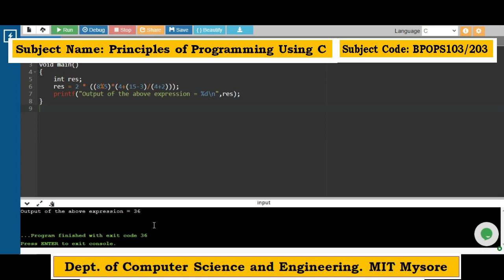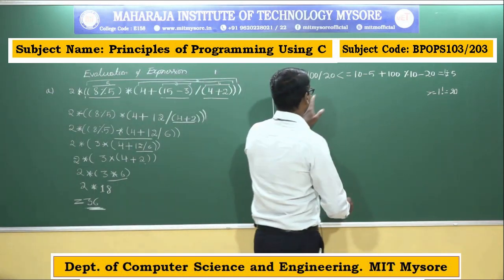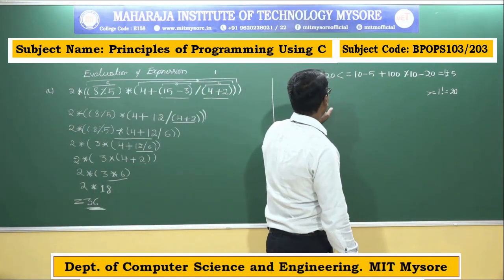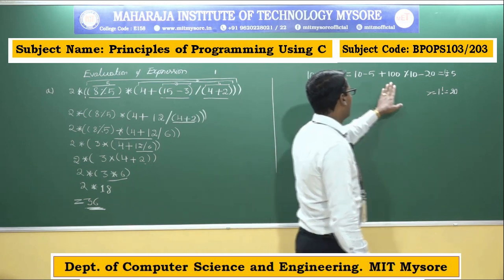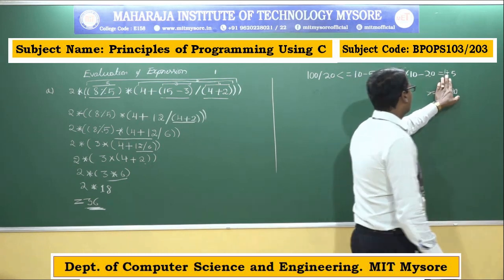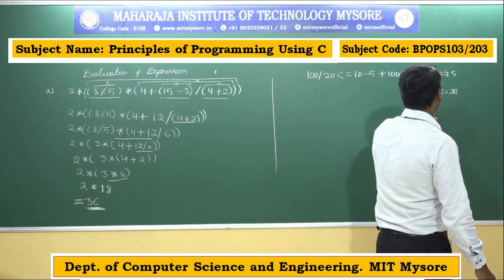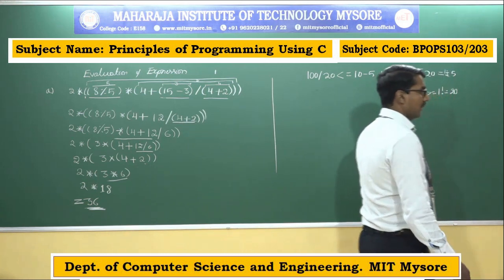Similarly, we can execute programs on this platform. Next expression: 100 / 20 <= 10 - 5 + 100 % 10 - 20 == 5 >= 1 != 20.